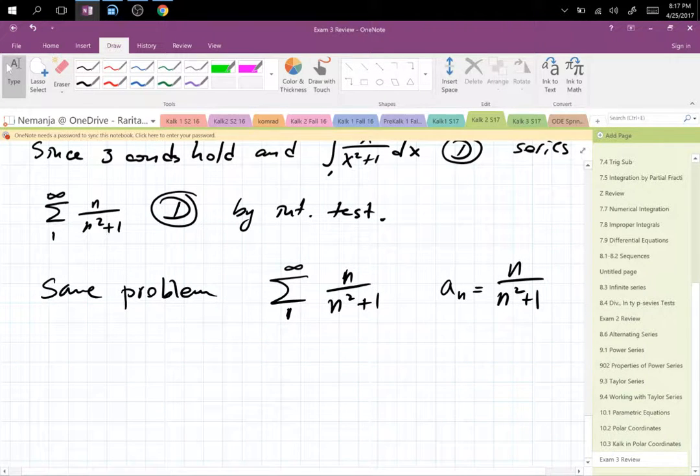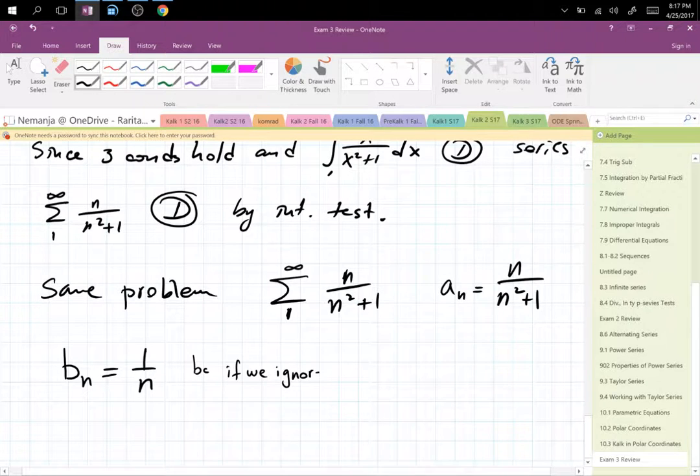I am going to take a look at b_n as 1 over n, because if we ignore the plus 1, it cancels to 1 over n.